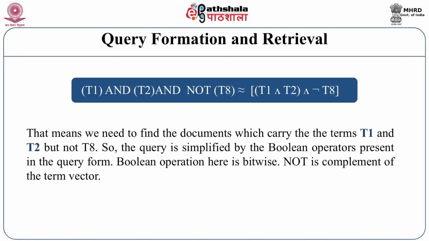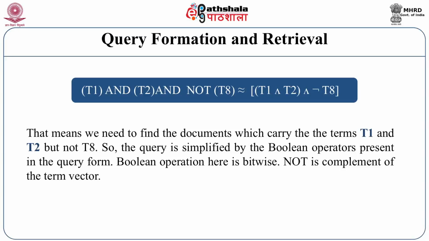NOT T8 is required because the query is given in such a way that I have to retrieve documents where term T8 is absent. So that's why the NOT operator is needed. So the query can be simplified by the Boolean operators present in the query form.